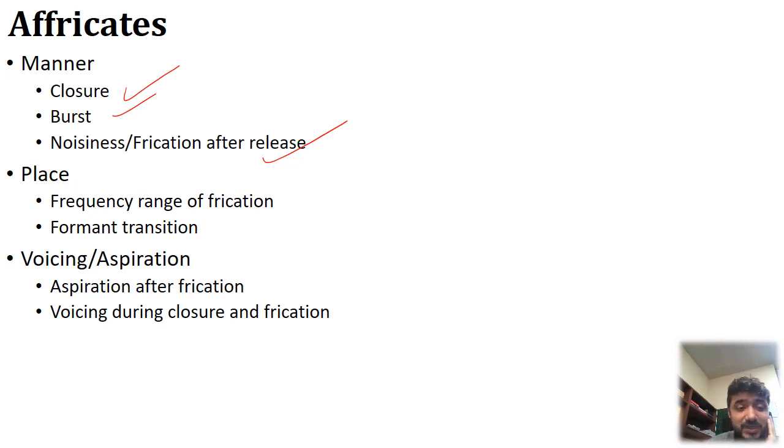So you're going to see both of them, and the places would be indicated by the frequency range of the frication, just like the sha and the formant transition. The voicing and aspiration would be indicated by the voicing during closure of the stop part of it, and the aspiration obviously would be indicated, like the cha and the ja, by aspiration right after the actual phone.